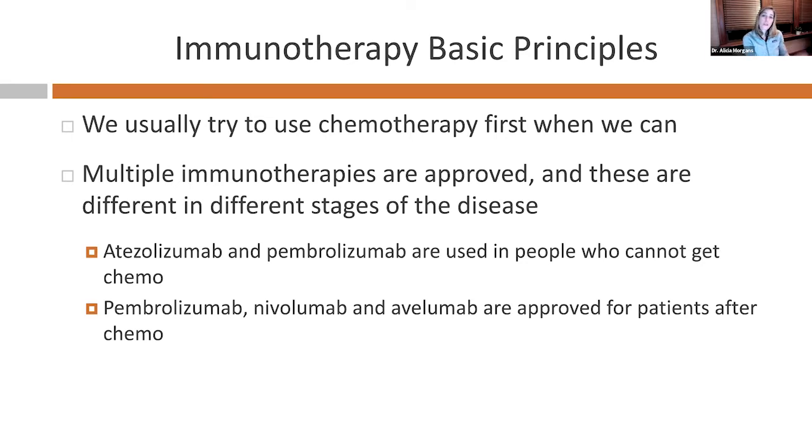And these are the drugs that we use for people who can't get chemo right up front. Or after we've used chemo and the chemo's no longer keeping the cancer at bay, we can use things like pembrolizumab, nivolumab, or avelumab. And these are for people who have had cancer that's growing, this type of bladder or urothelial cancer, after we've used chemotherapy.